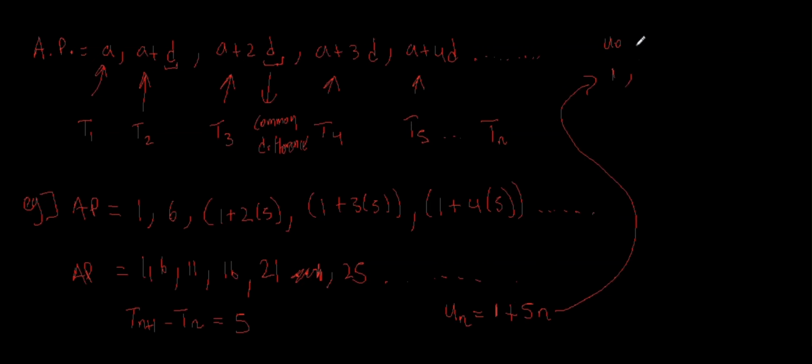When n is 1, you would get 6. When n is 2, you will get 11. When n is 3, you will get 16. And the same thing would be generated.